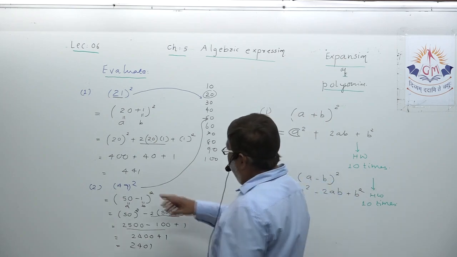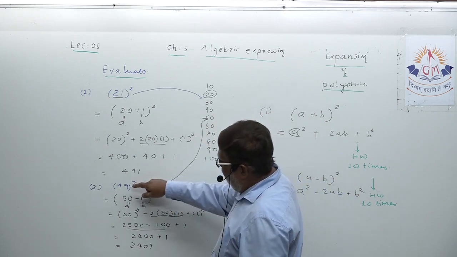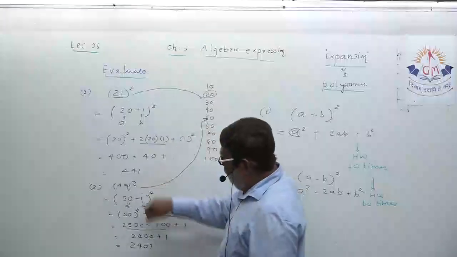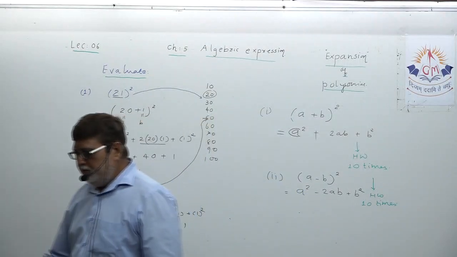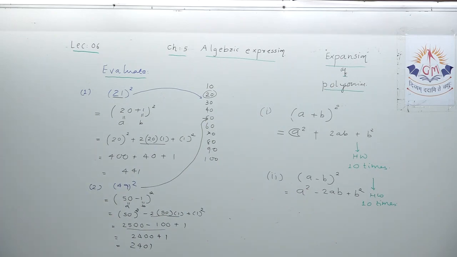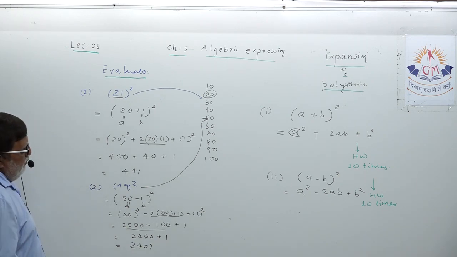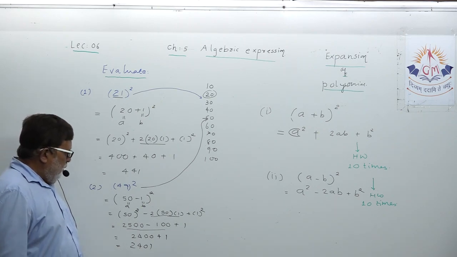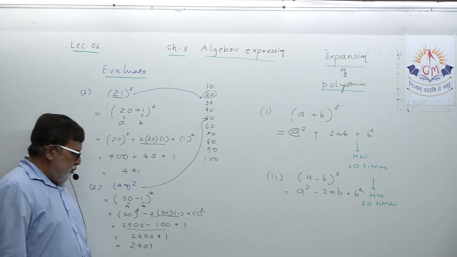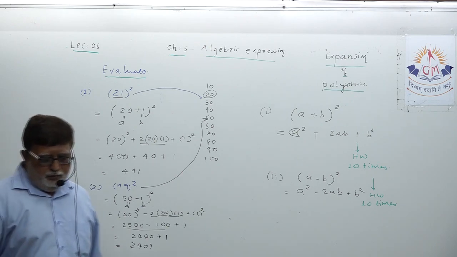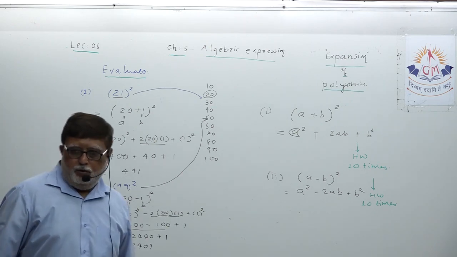Understand? Here I haven't written 40 plus 9, that's not proper, because it is nearer to 50 rather than 40, so you have to write 50 minus 1. Understand? That way you can do these examples. Example of simple evaluation, okay? Just verify. Before we do one more, first you verify the splitting very properly, dear student.